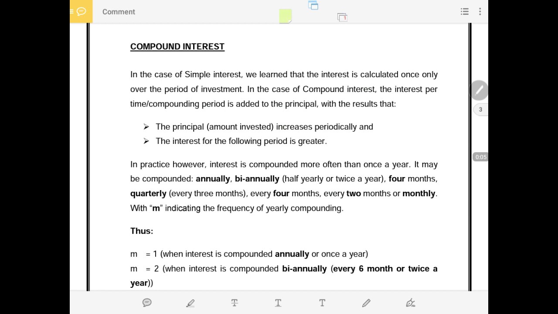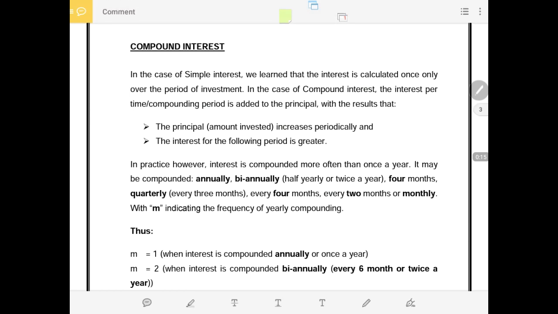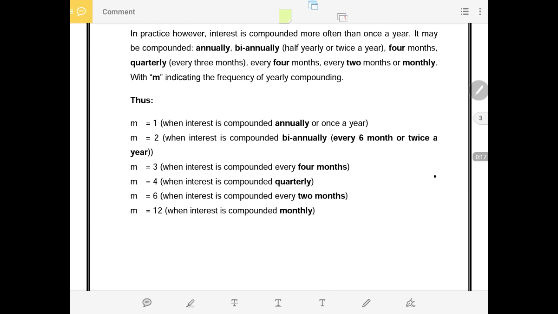We are still in the topic of compound interest. In my previous recording, I dealt with the introduction, the basics in terms of the theory, and I went through the meaning of M. What does it mean to be compounded monthly, half yearly, annual?